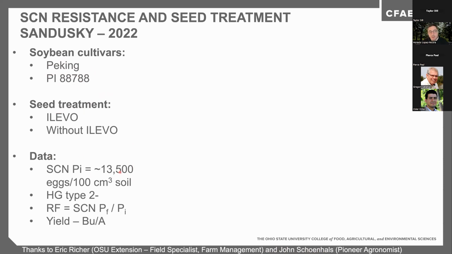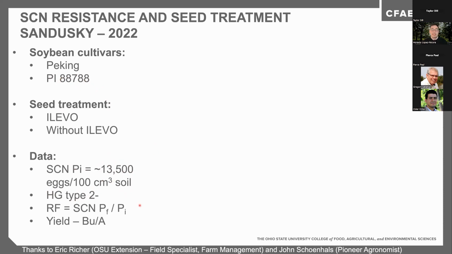We put this in a field with a very high initial population of soybean cyst nematode, one that we know will significantly reduce yield, 13,000 eggs per 100 cc of soil. We determined the virulence profile of that population is an HG type 2, which means that by definition, it can reproduce on PI 88788 above 10% compared to a susceptible.